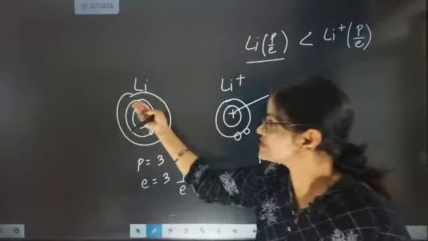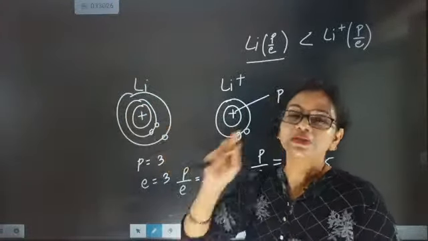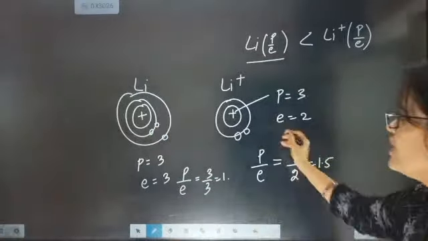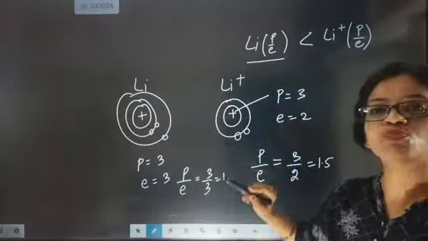When the P by E ratio is less, it shows that the size is larger, and when it is more, the size is smaller.